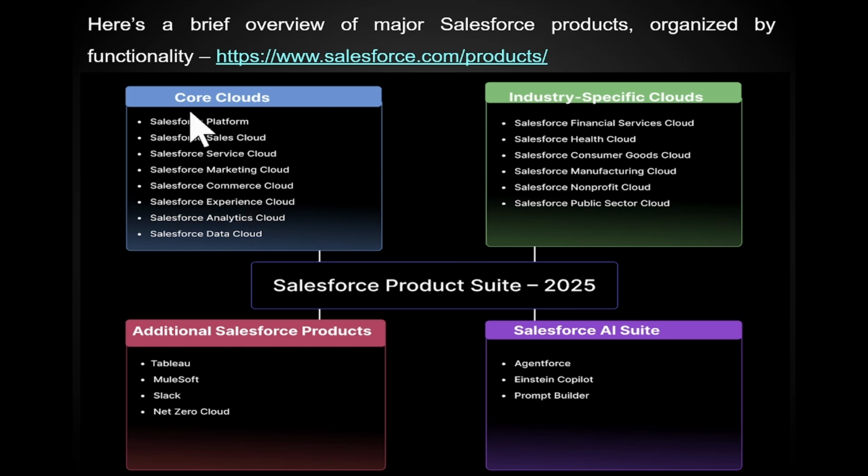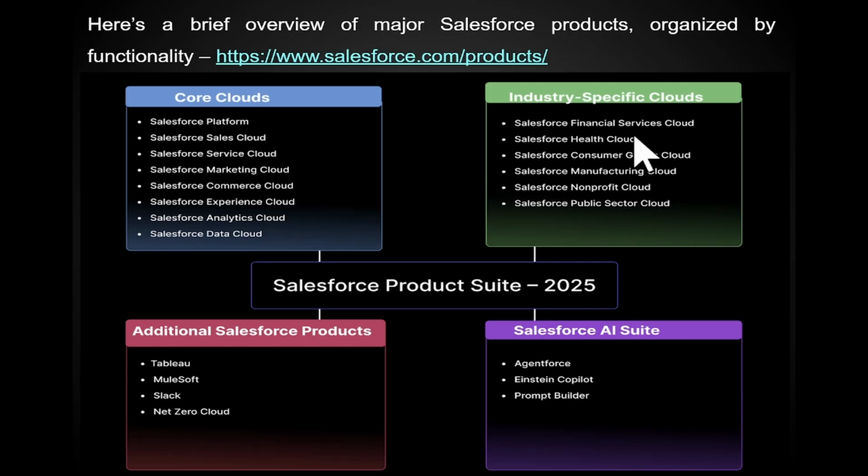Of course, you will have a question: what is the meaning of core cloud? We can understand it in a simple way. These are the general purpose clouds, or general purpose products, that apply to almost every type of company, no matter the industry. On the right-hand side you can see industry-specific clouds, like Salesforce Health Cloud.